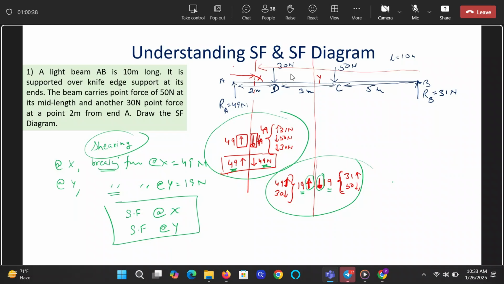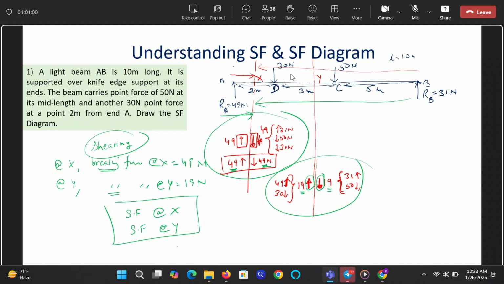How did we get this 49 newtons? We got it as an algebraic sum of either adding all the forces algebraically to the left of it or adding all the forces algebraically to the right of it. Am I right, guys?